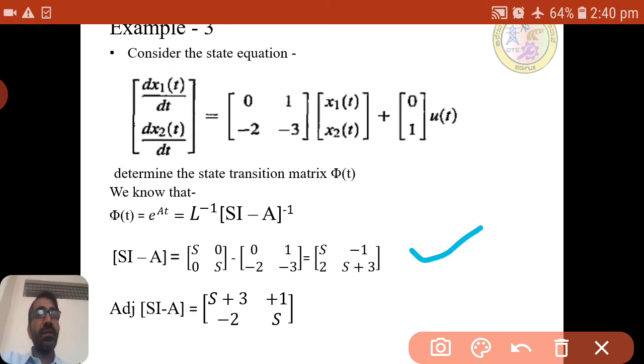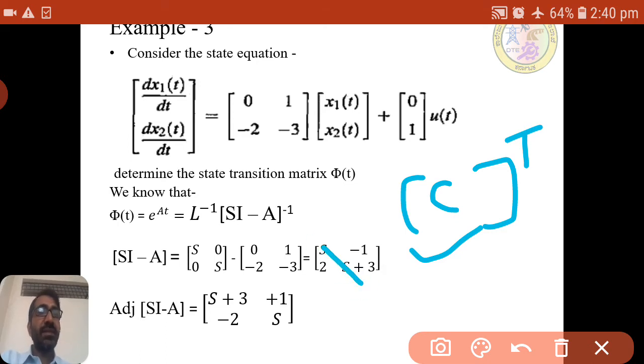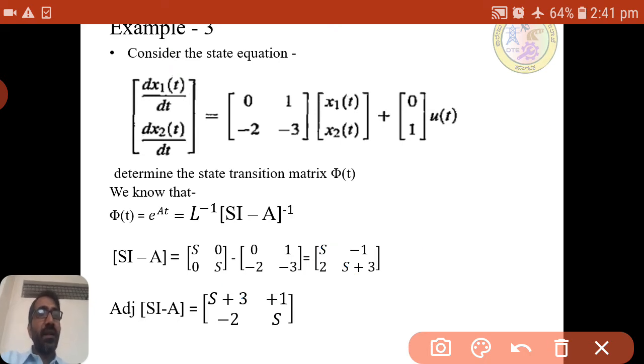So the adjoint of that is nothing but, as we know, the transpose of the cofactors. The cofactors: these two, s and s plus 3, will exchange, and the signs of the off-diagonal elements change, so 1 will come here and 2 will go there.